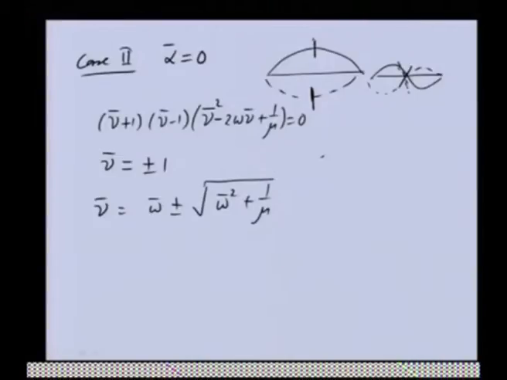So, you can see this is similar to the previous one, in which earlier the whirl frequency was like this, but in this particular case the whirl frequency now depends upon the spin speed of the shaft.